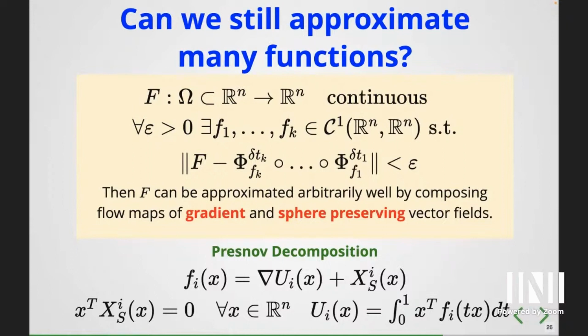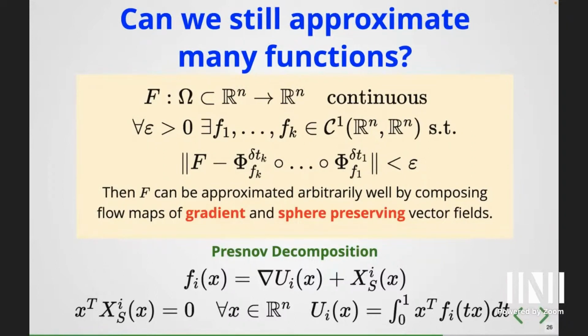The main idea behind the proof of this theorem is essentially that you can split any C1 vector field into the sum of a gradient and a sphere preserving part. And this is a global decomposition, so it's on R^n.